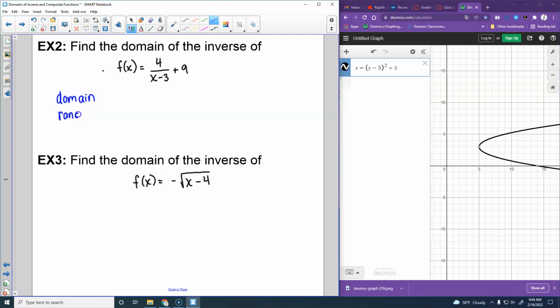So let's just look at the domain and range of f of x. So we're not talking about the inverse yet. We're just talking about f of x. So just looking at my equation, what is the domain going to be? What do you think, Hallie?